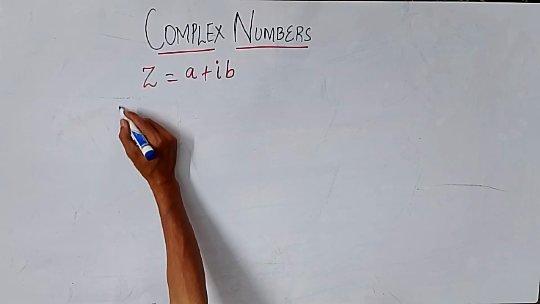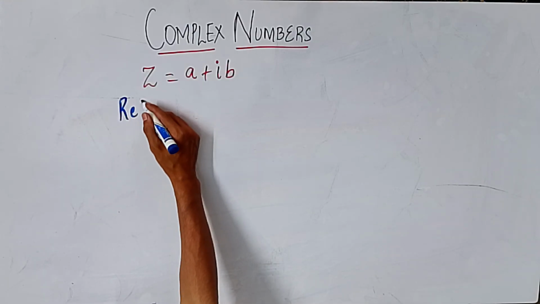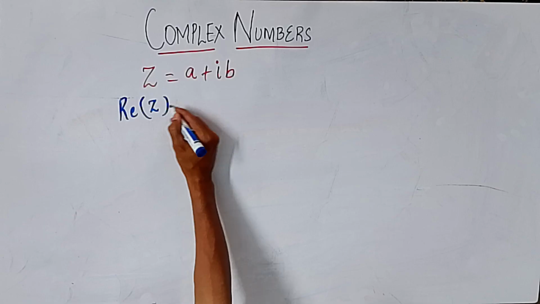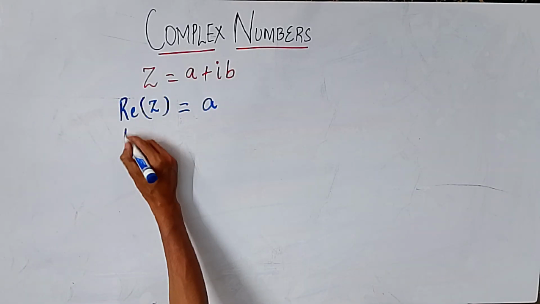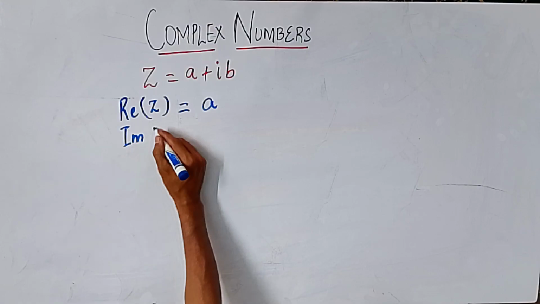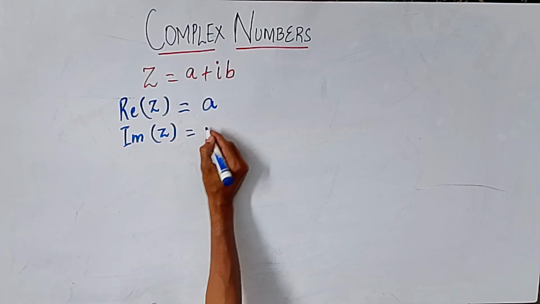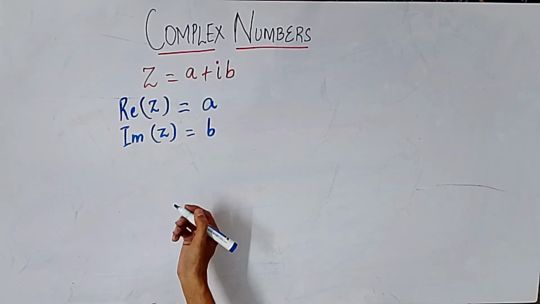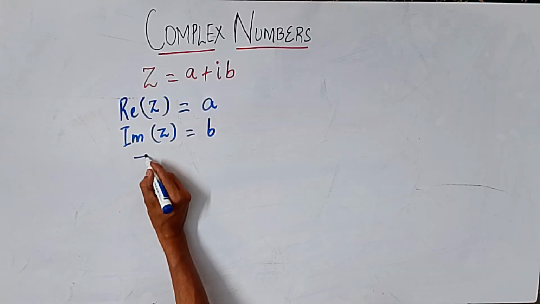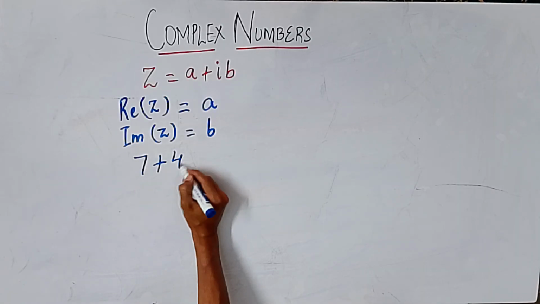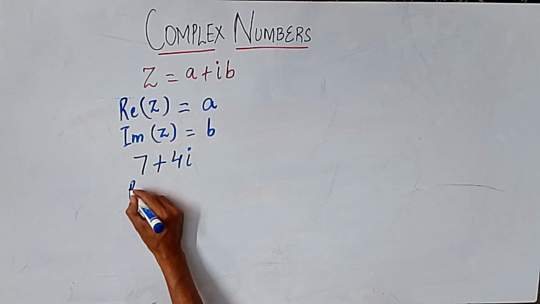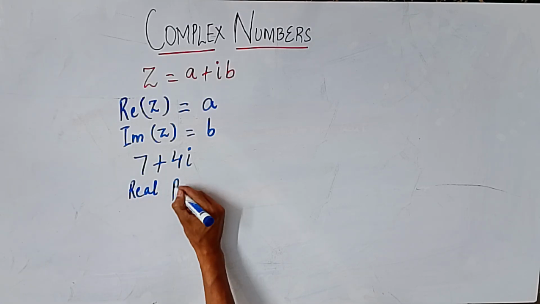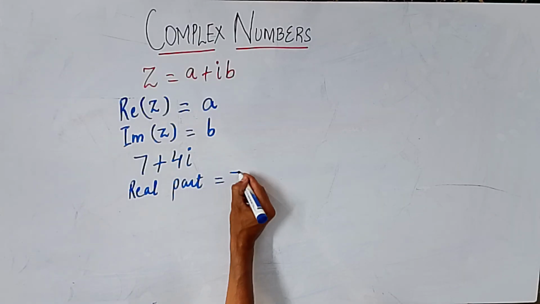The real part of this complex number is a, and the imaginary part of this complex number is b. For example, if we have a complex number 7 plus 4 iota, here the real part of this number is 7.